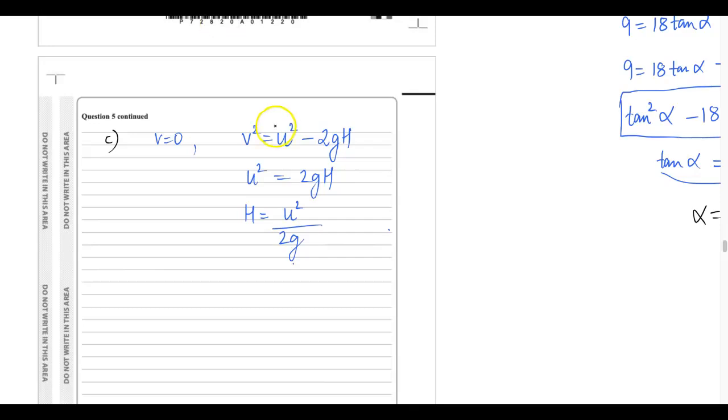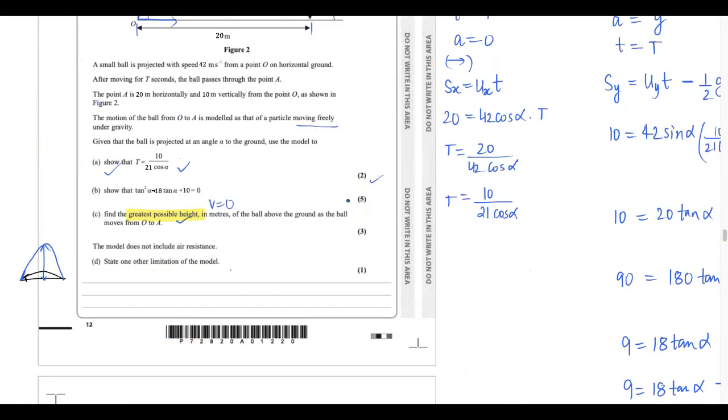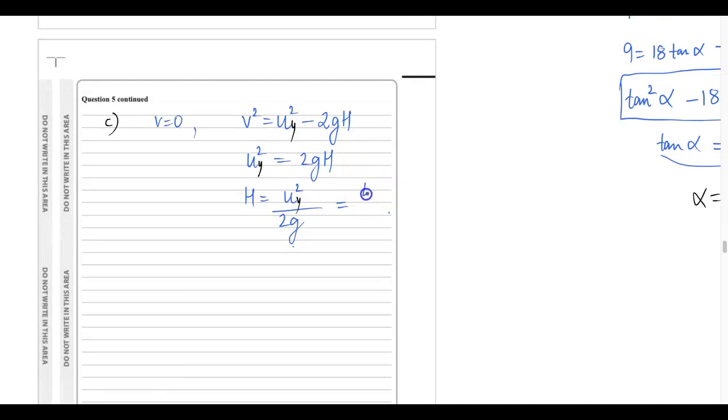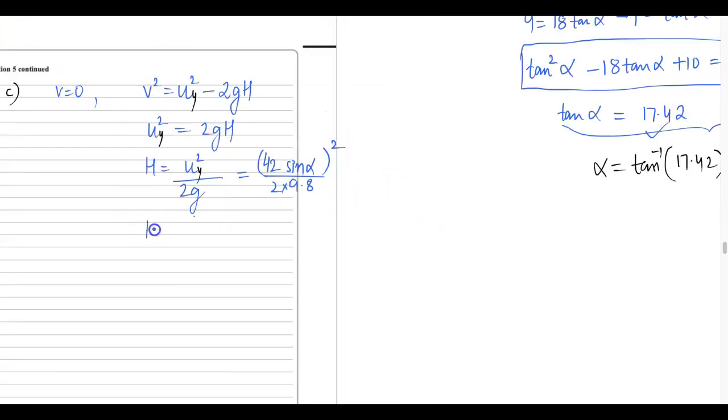Again, this U is basically the vertical velocity everywhere. So let's substitute the value. Vertical was 42 sin alpha. So 42 sin alpha over 2 times 9.8, and we have to square this value. Let's quickly find it out. It gives us 89.68 meters. So this is the maximum height it reaches.